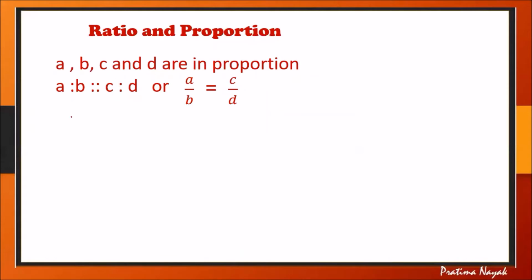So here A is called the first proportional. B is called the second proportional. C is called the third proportional. And D is called the fourth proportional.